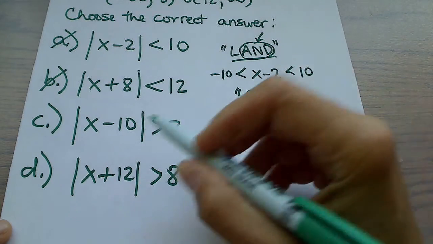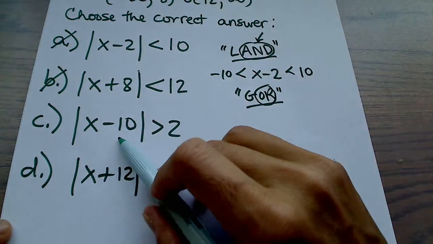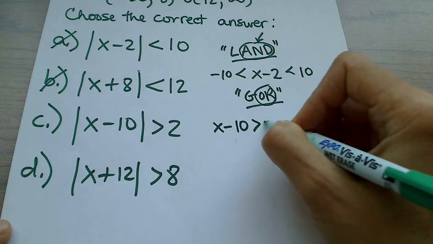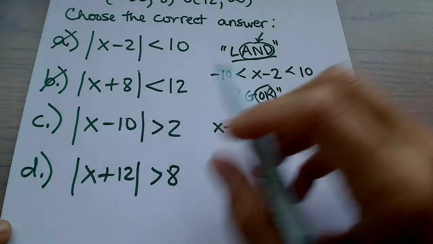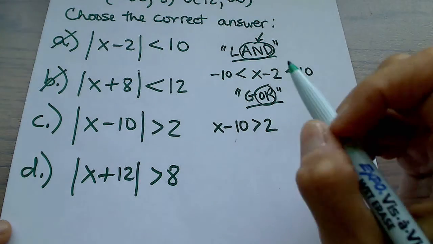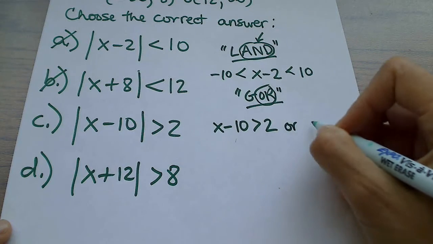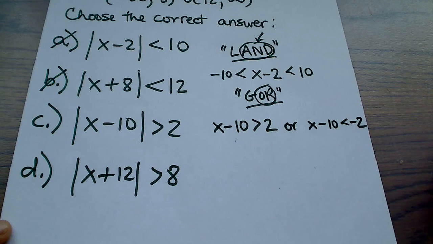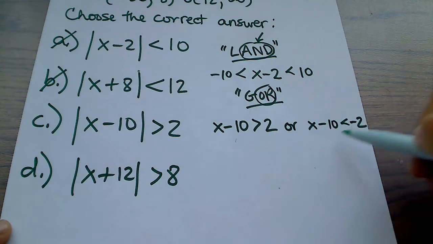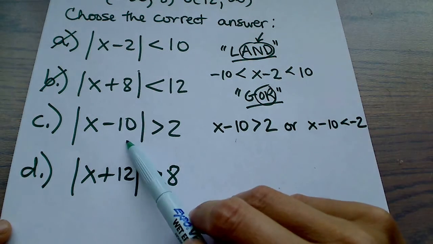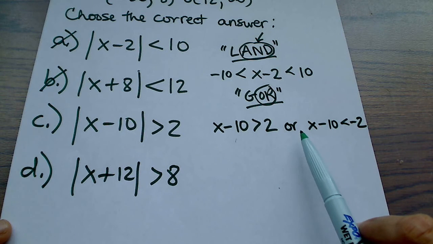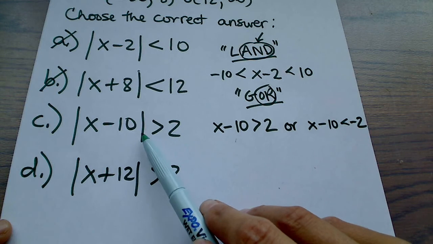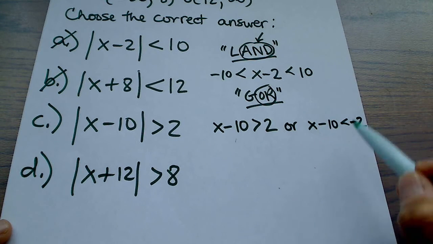The definition for those is that you would take the inside, and so we would say, in this instance, x minus 10, drop the absolute value sign, set it greater than your constant here, and then we're going to flip the inequality and flip the sign on the number, and then this becomes what we solve. So this gets translated into this, and that's our absolute value principle that defines how to solve this. We go from here to here and then solve.